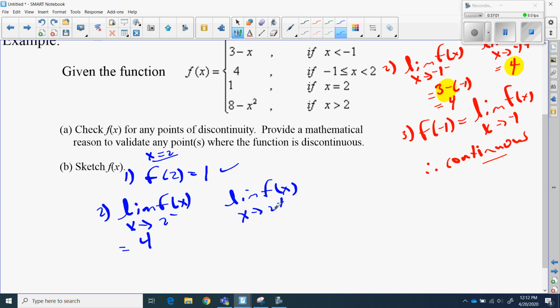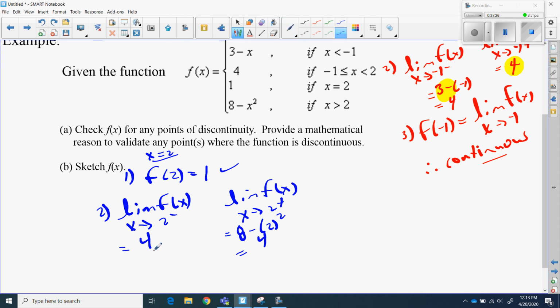If x was ever so slightly more than 2, now again, so what about this one? That's only when x is equal to 2. I'm doing limits now, so I'm close to 2 but not equal to 2. This would be slightly more than 2. So if x was slightly more than 2, I'm going to get 8 minus 2 squared, which is also 4. Now, let's look at what happened here.